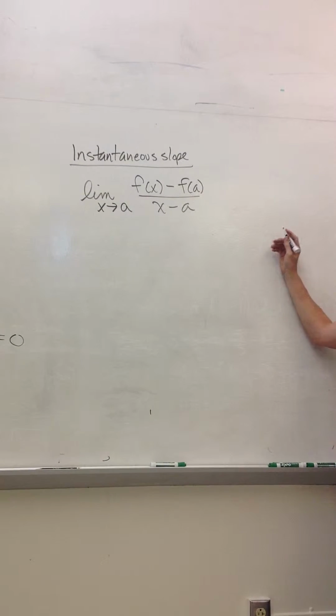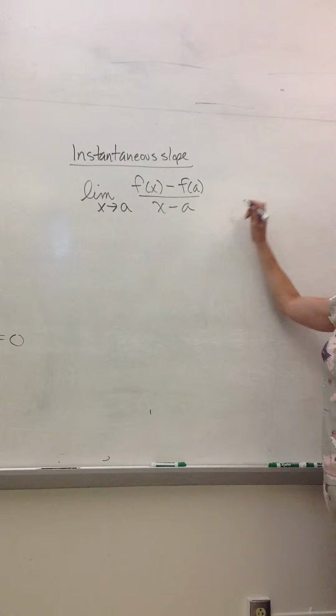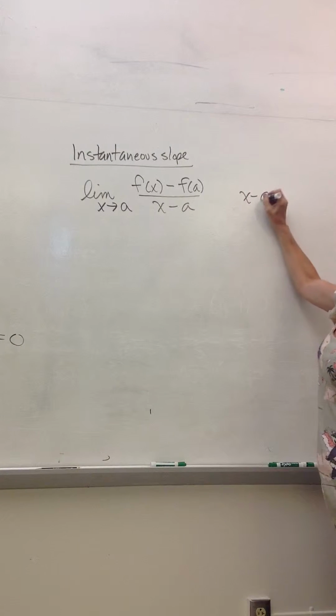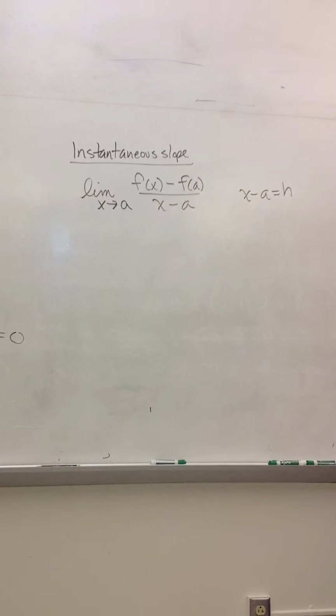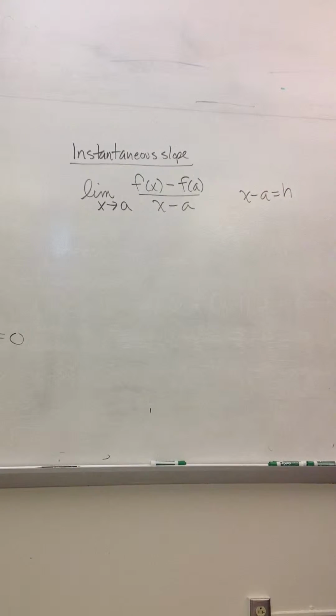Another popular way to write this limit down is to let x minus a just be a single variable, and h is usually the letter that they use. And so if I replace x minus a with h and rewrite that same thing over there, h would be going to 0, because if x is heading towards a, then their difference is heading towards 0.